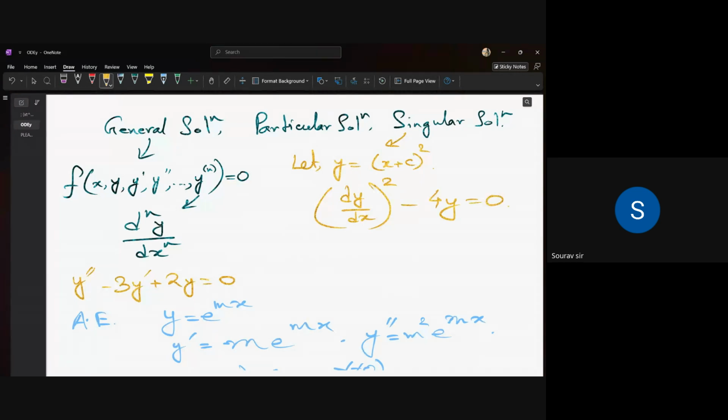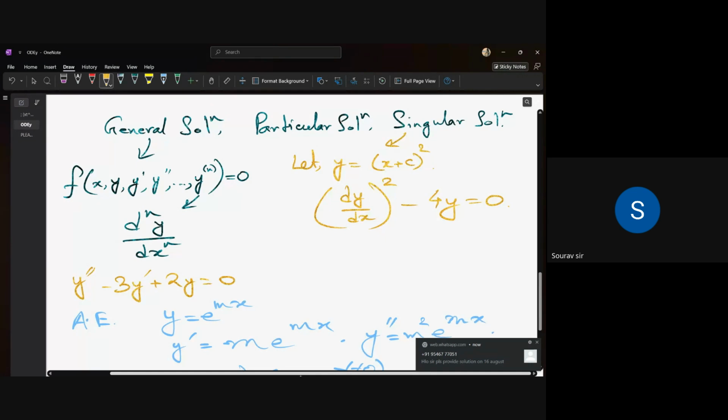We can easily solve this. When we use quite the same kind of approach, we will get this kind of thing basically. So we will just get dy/dx equals to 4y, then we will get 2 root y, and then we are getting this and we will get the result basically.